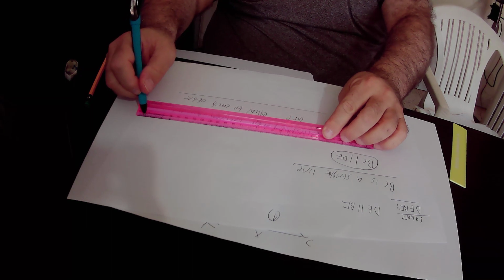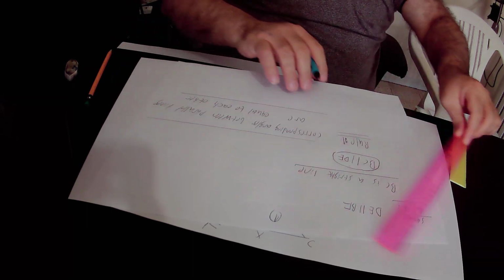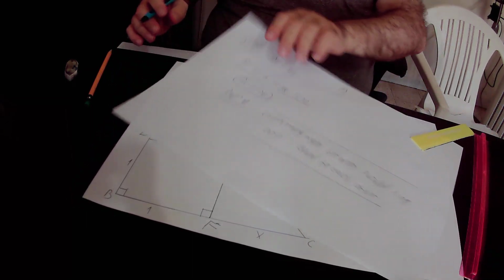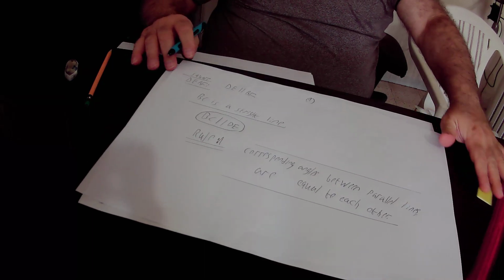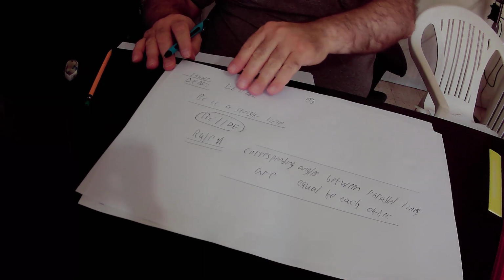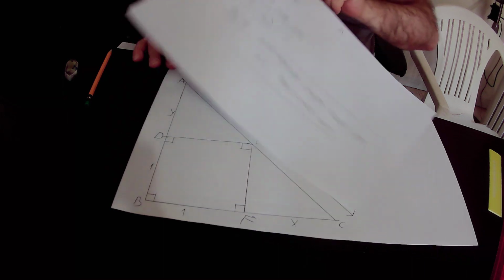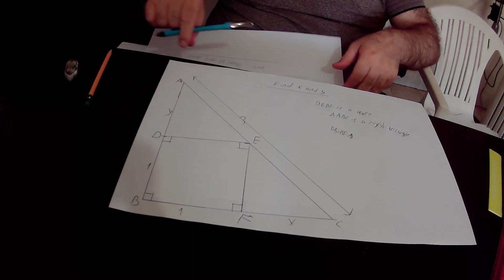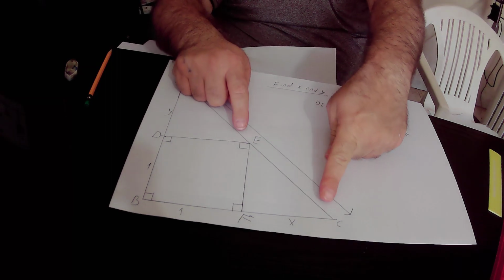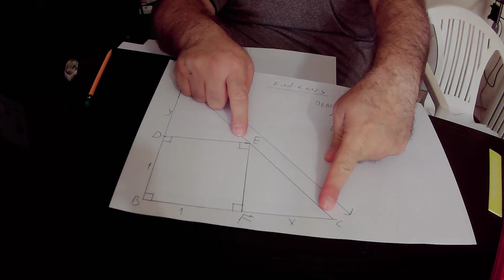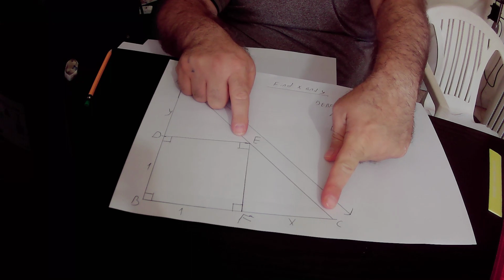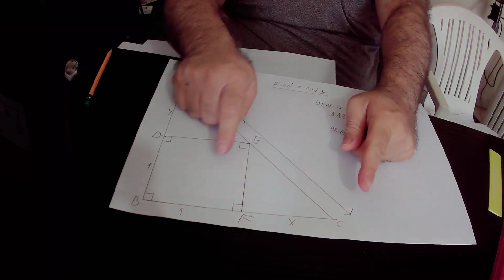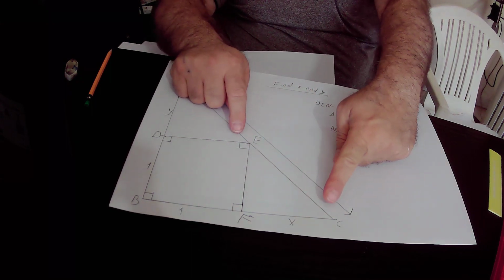So I'll repeat rule number 1 again. According to rule number 1, corresponding angles between parallel lines are equal to each other. That is to say, those two corresponding angles located between the parallel lines DE and BC will be equal to each other.